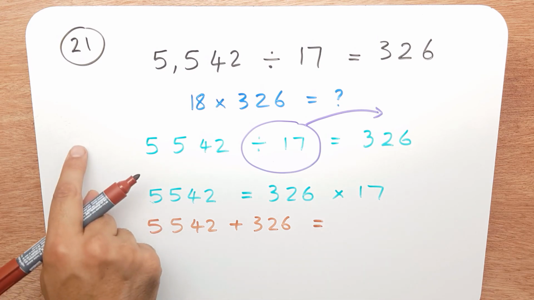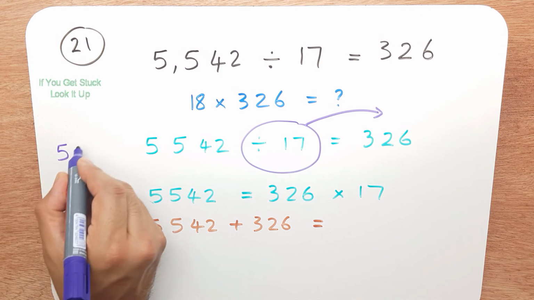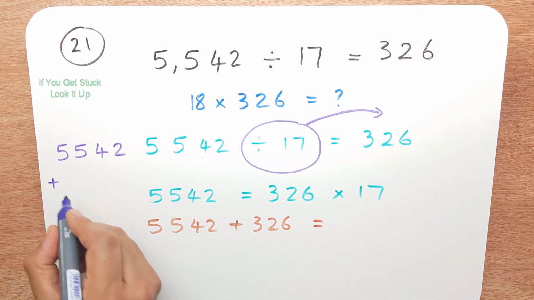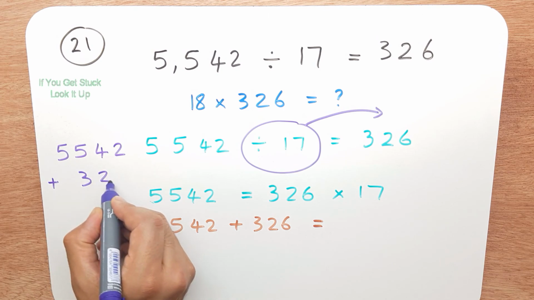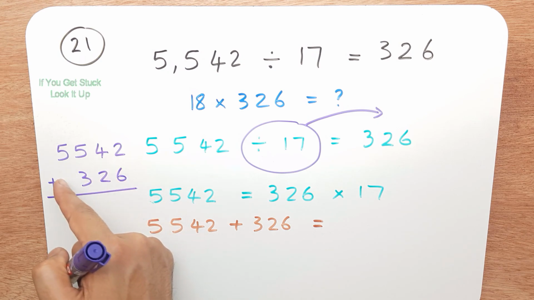So we'll go over here and do column addition. 5,542 add 326. We have to be careful that we line everything up.